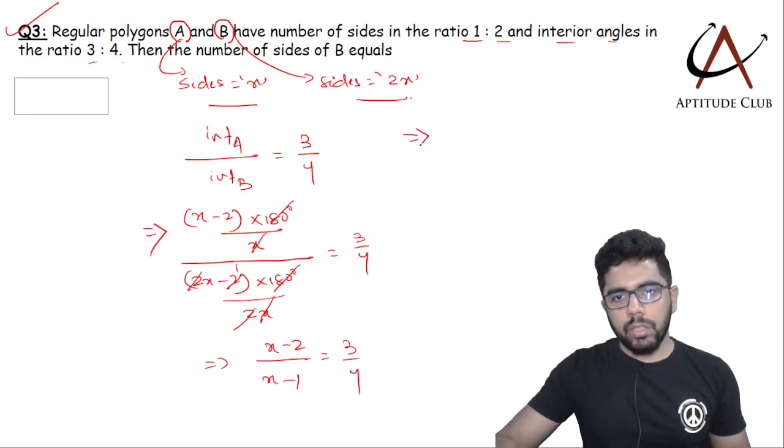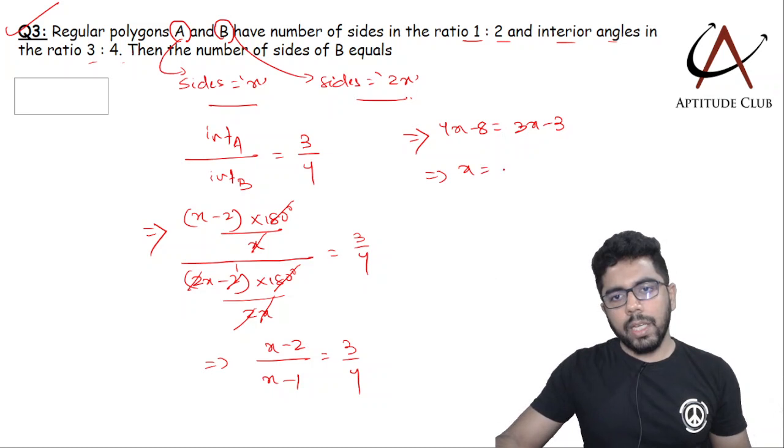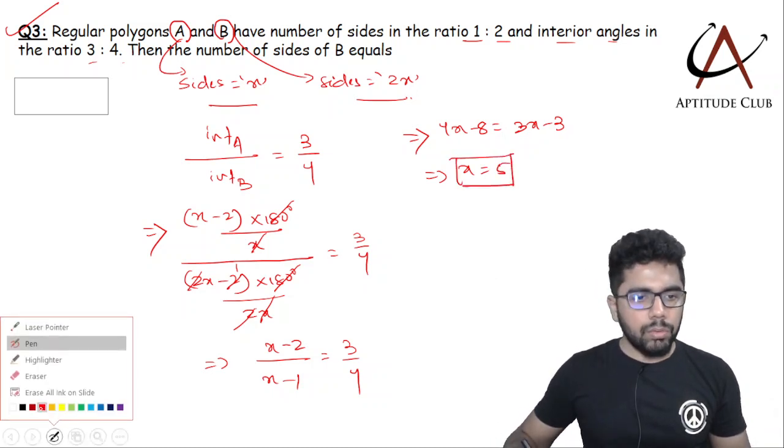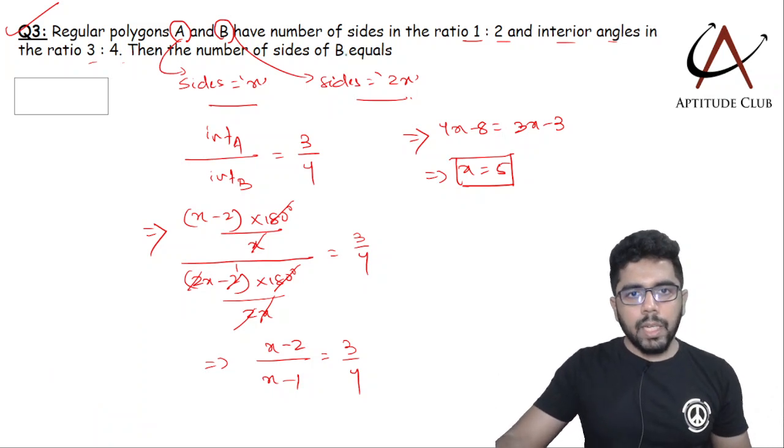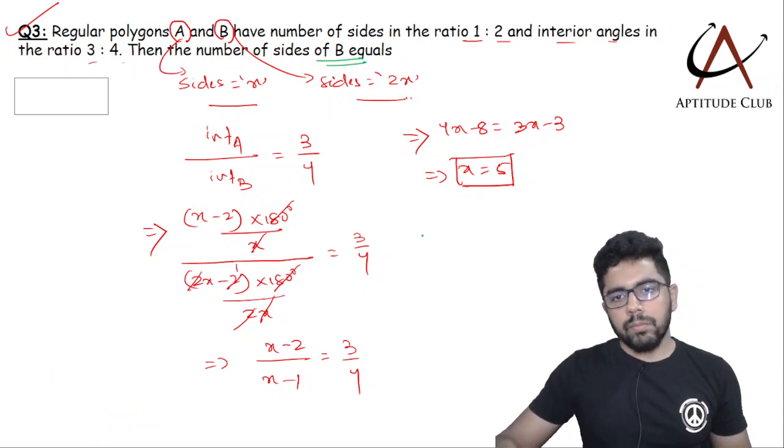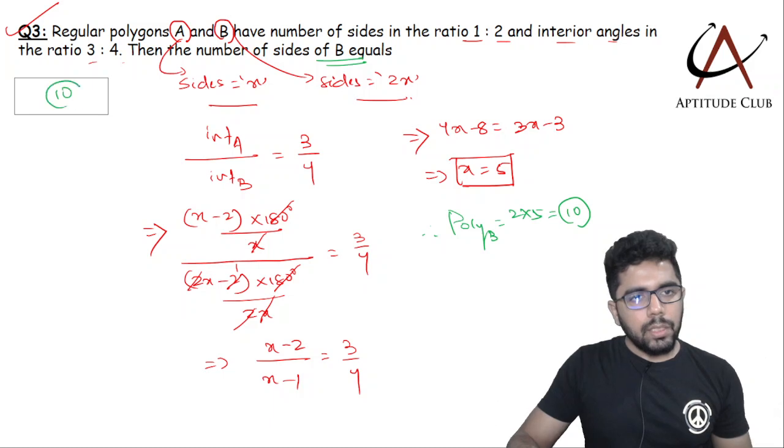If you solve it a little bit, 4x minus 8 is equal to 3x minus 3, which gives you x is equal to 5. If x is equal to 5, what is it that you have to calculate? The number of sides of B. Hence for polygon B, the number of sides is 2 into 5, 10. So this will be 10. That is the answer.